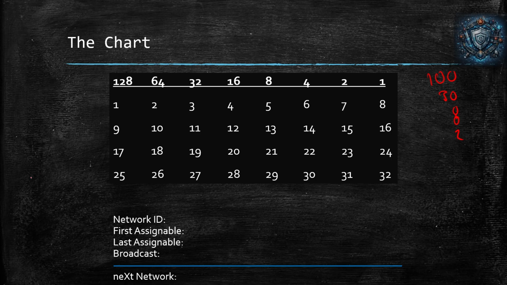So if we have a /24 to work with, what's the smallest CIDR we can use here?